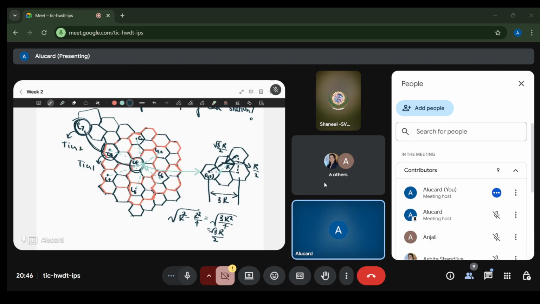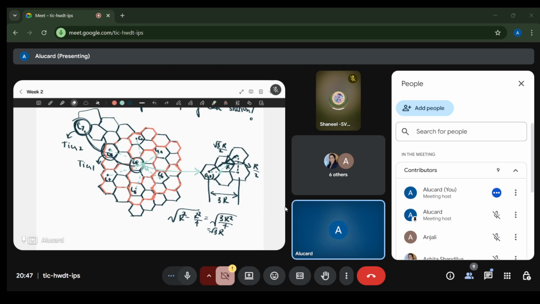Just give me a minute. All right. We don't need the hypotenuse.